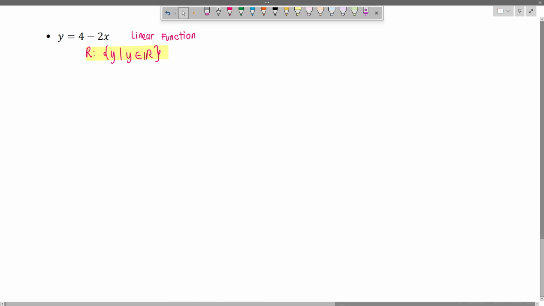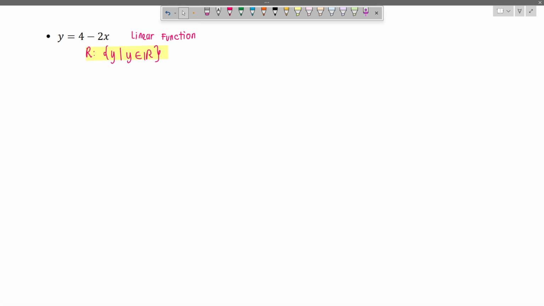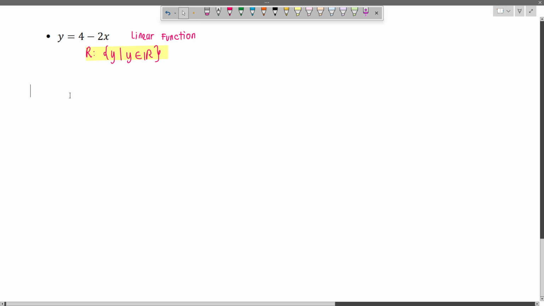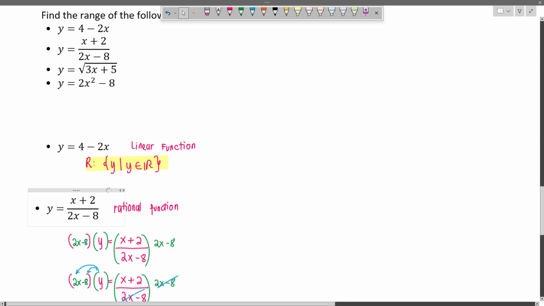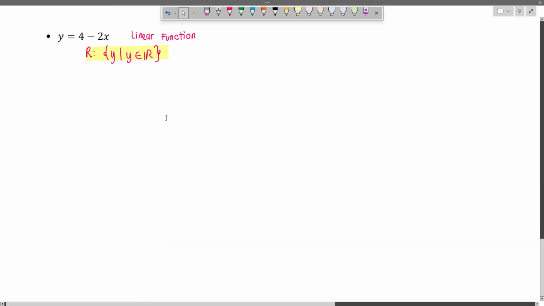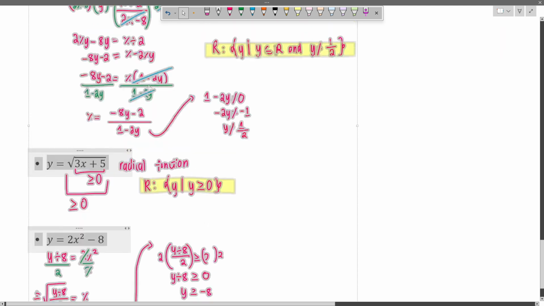For our second one, it's a rational function. So I'm going to put everything here. So we have a rational function here.